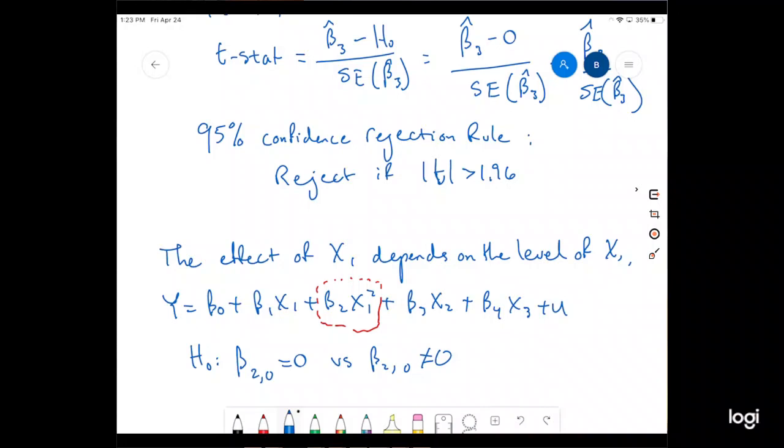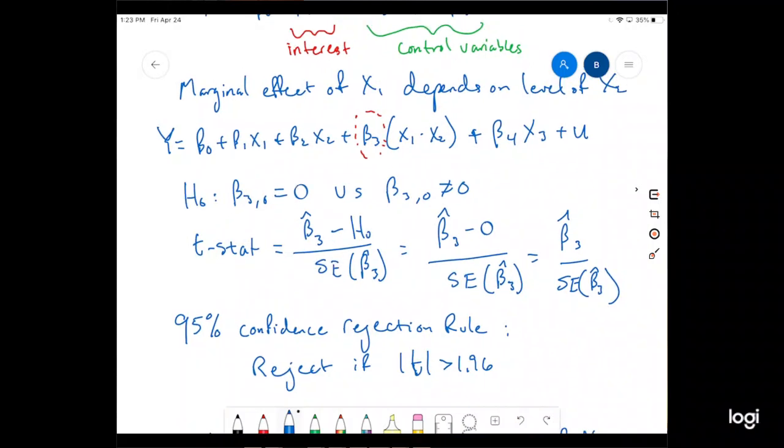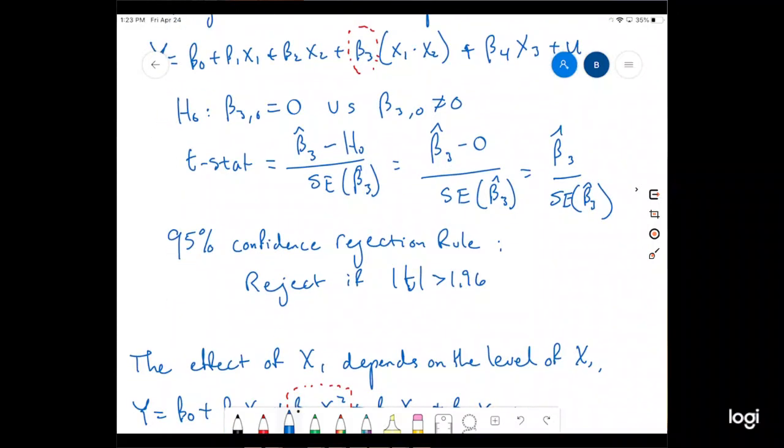Okay, suppose you estimated both of these models. You estimated the one in which you're testing whether or not the marginal effect of x1 depends on the level of x2, the model written here. And you've written down this null hypothesis. You get a t-stat of, let's say, 3.5. You can then compare that to 1.96 for your rejection rule.